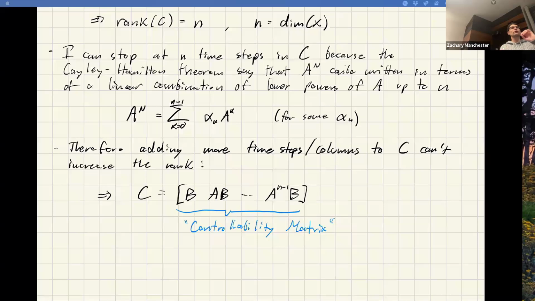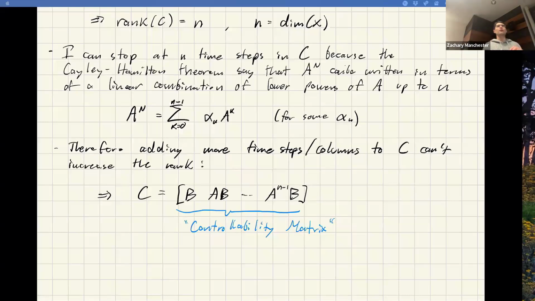The condition for a system to be fully actuated is that the B in the manipulator equation is full rank, so this is true for only a single time step. Here, if the dynamics are rich enough, even if B is very rank deficient, by hitting it with A a bunch of times, if the degrees of freedom are coupled over time through the A, then over enough time steps I can still access the full state vector. That's what it's saying.